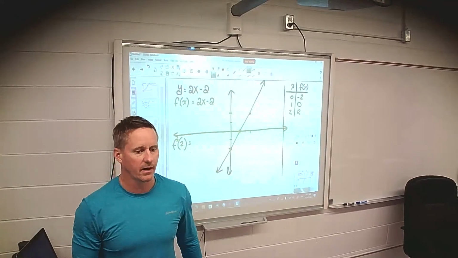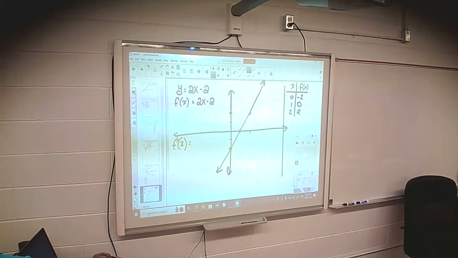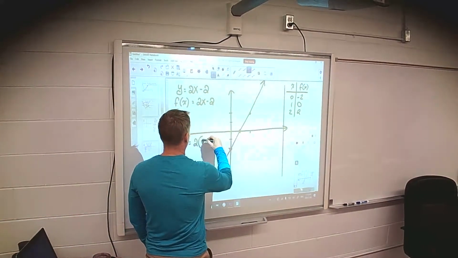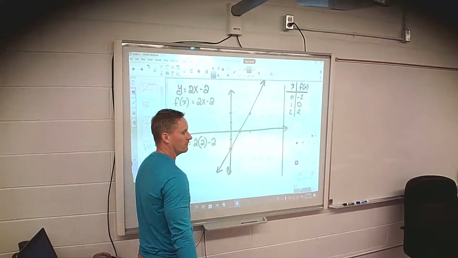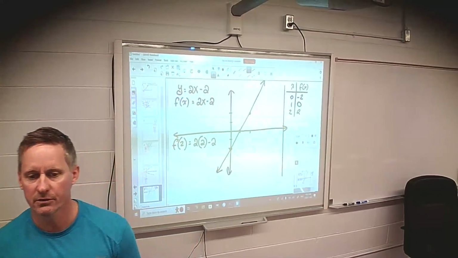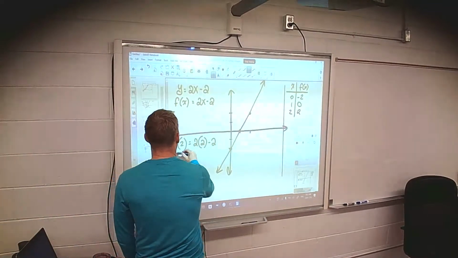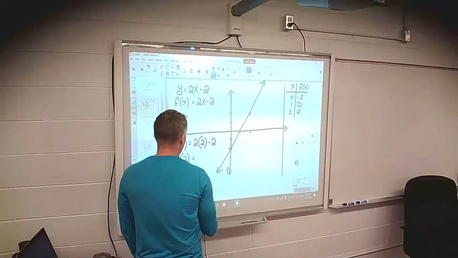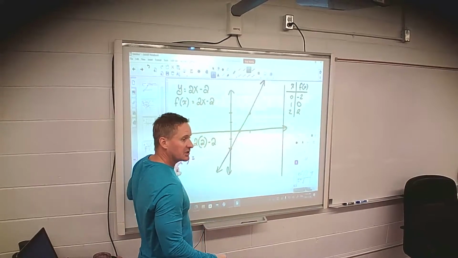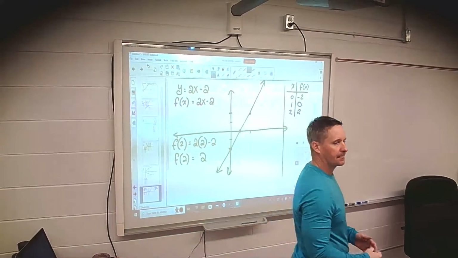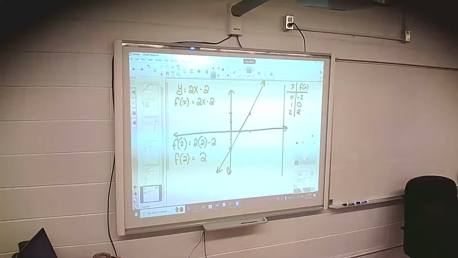Whatever's in those brackets right there, you substitute into the equation for x. So 2 times 2, subtract 2. What was 2 times 2? 4 subtract 2. So f of 2, this says when x is 2, y is 2. That's what that says. It just is a very mathematical expression.